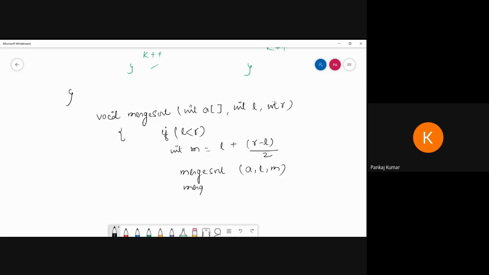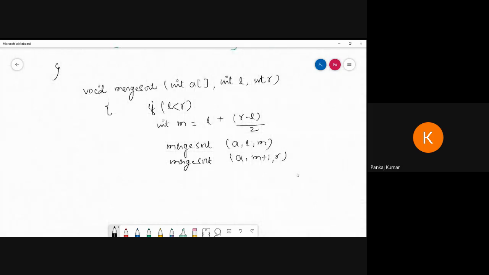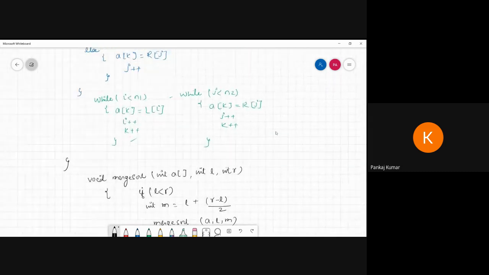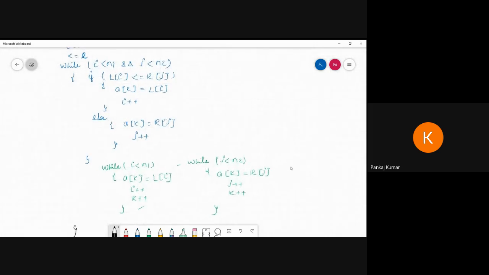Then merge sort of array, m plus 1, r, and after that we go for the merge operation, that means merge of array, l, mid, r, and this will be closed. After that we have to write a printf statement. So this is the process we have to follow.